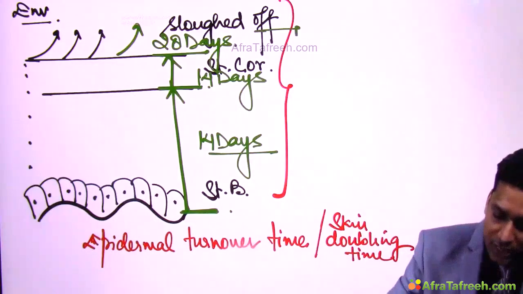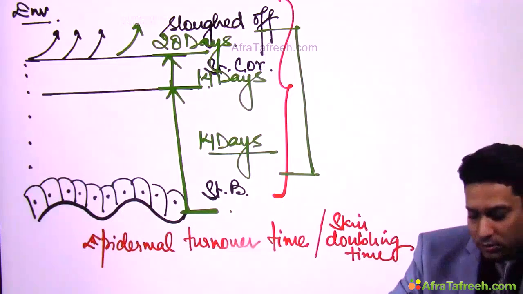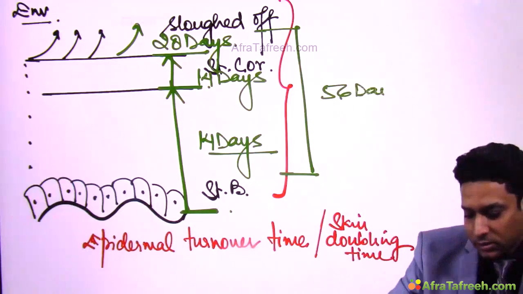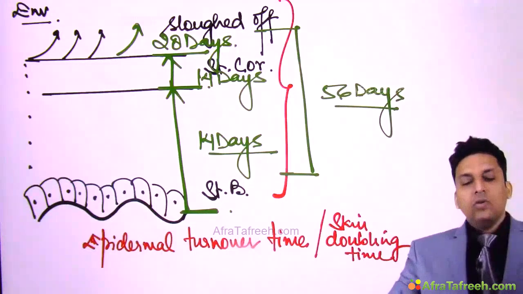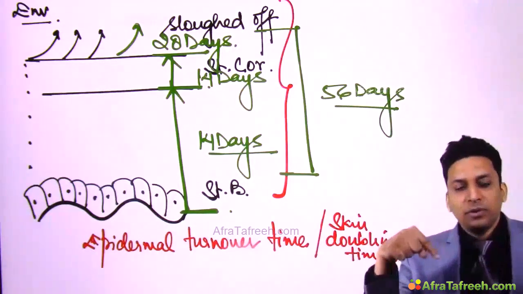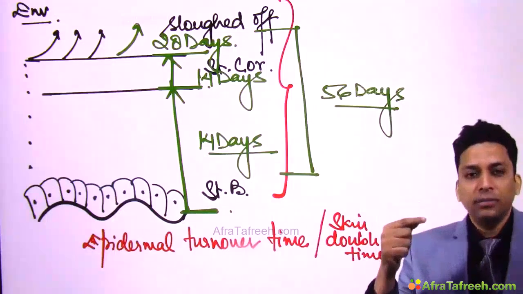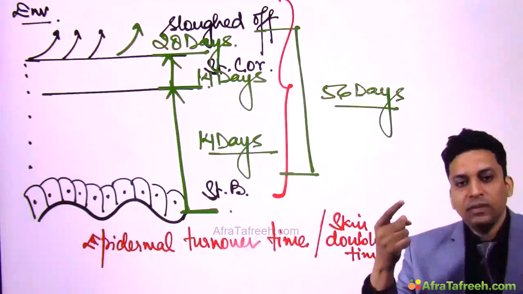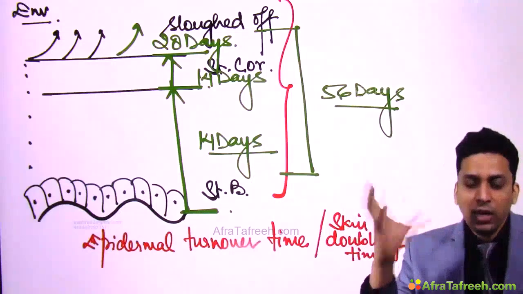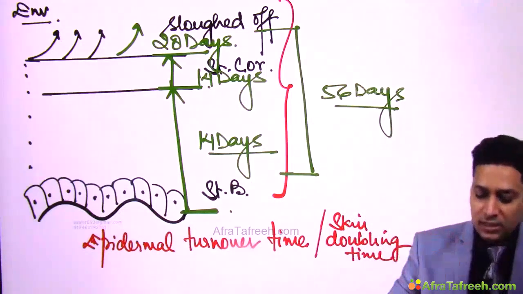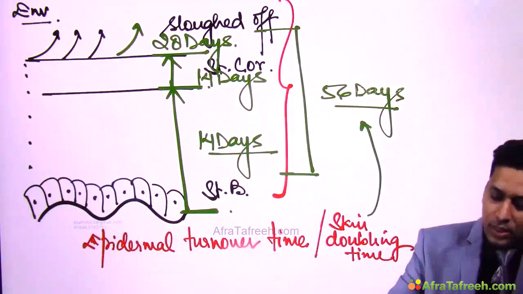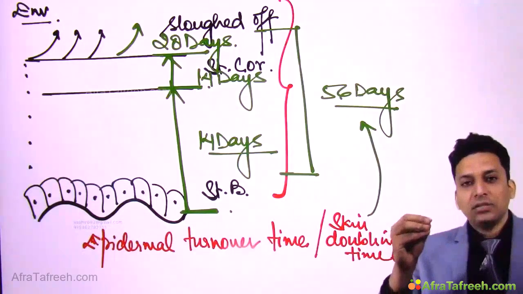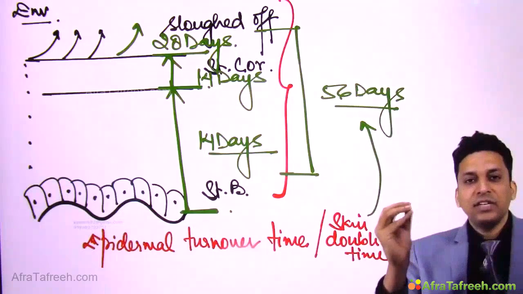So this total time becomes 56 days. So first 14 days are required to move from stratum basale to lower part of stratum corneum, another 14 days to cross stratum corneum, and then 28 days to slough off. So total time becomes 56 days. So if they ask you in exam that epidermal turnover time or skin doubling time is, the answer is 56 days.